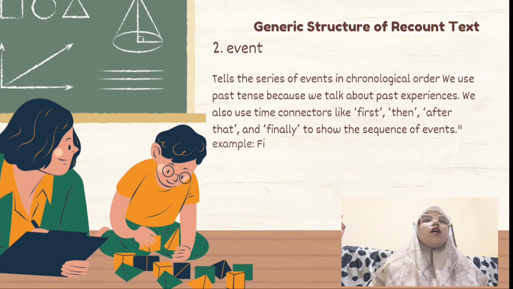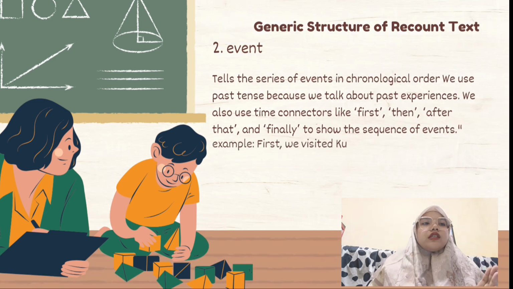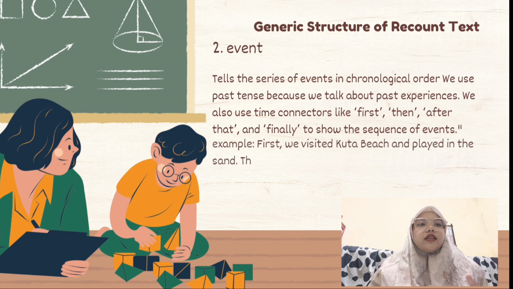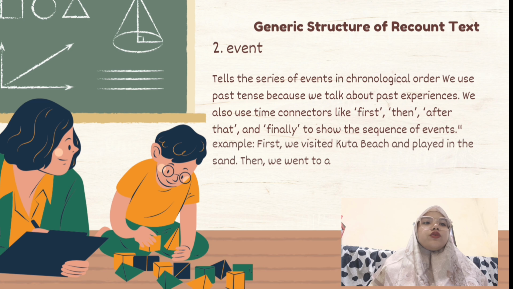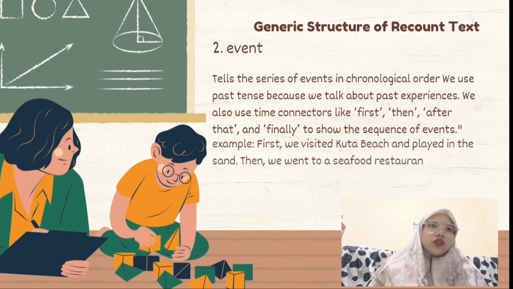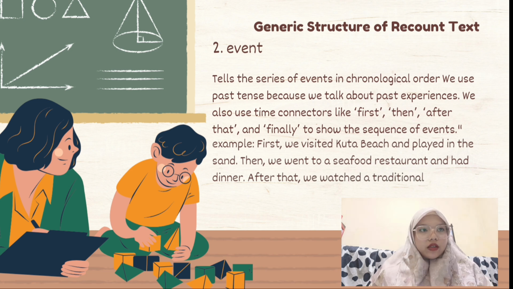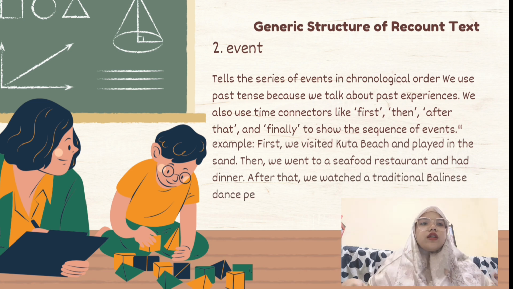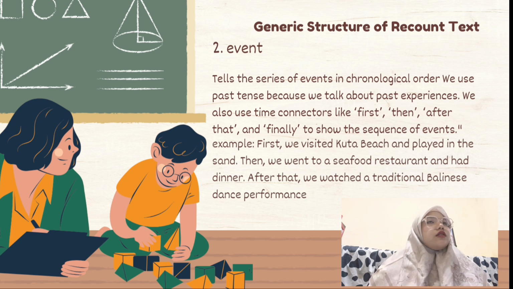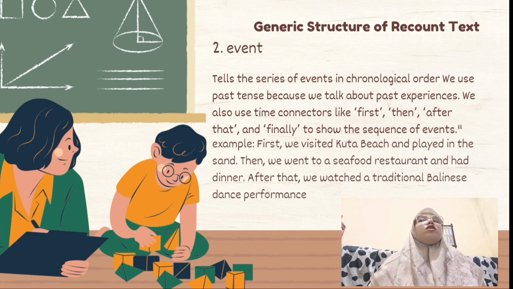For example, first we visited Kuta Beach and played in the sand. Then we went to a seafood restaurant and had dinner. After that, we watched a traditional Balinese dance performance. Yeah, so this event tells the story. Okay? Do you get what I mean, guys? Okay.